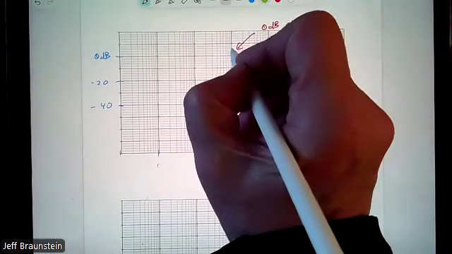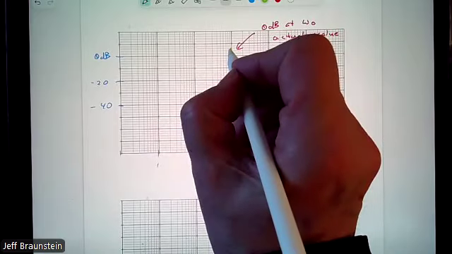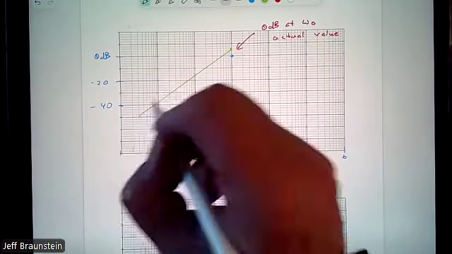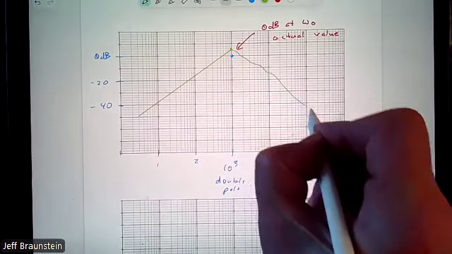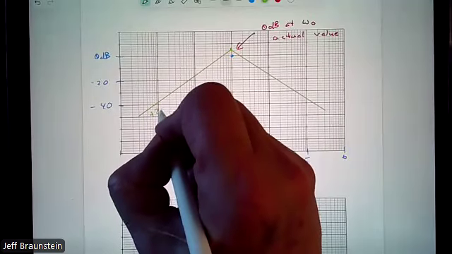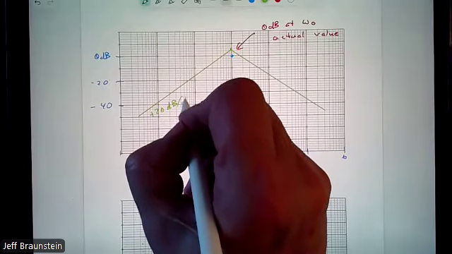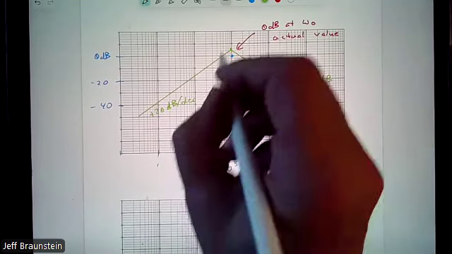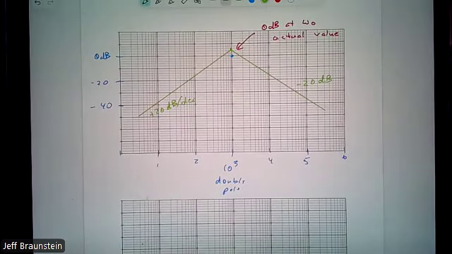And what's a little bit tricky is it's a bandpass filter. So my slope is still going to be plus 20 dB on that side, minus 20 dB on that side. Bandpass filter, we have this slope on either side. There's my straight line approximation.